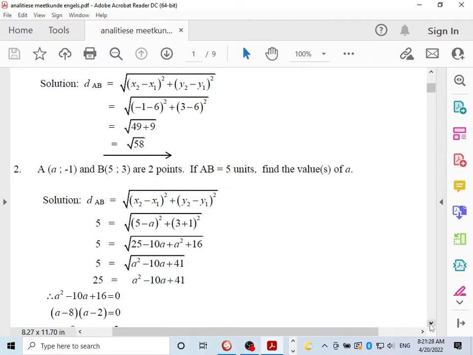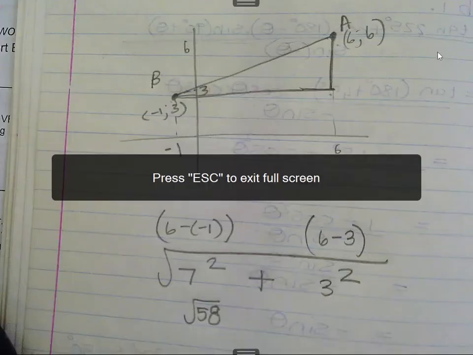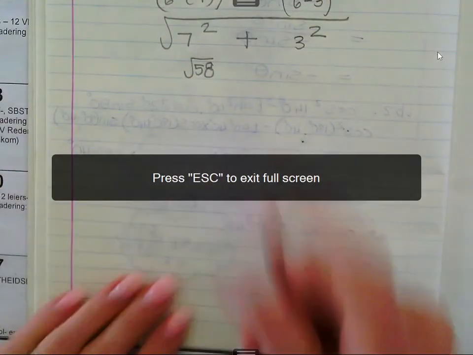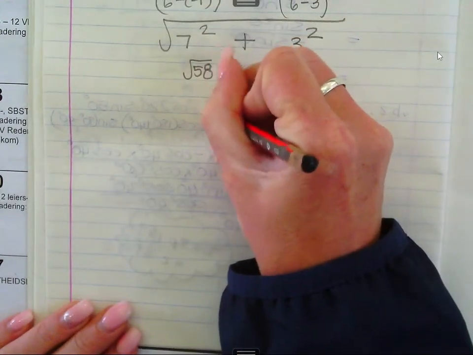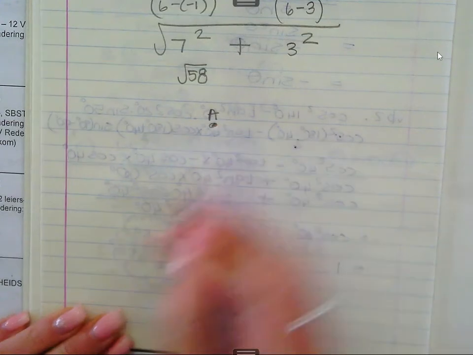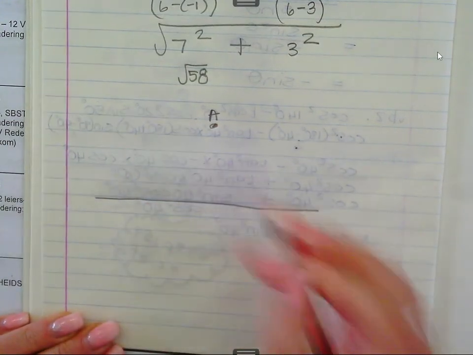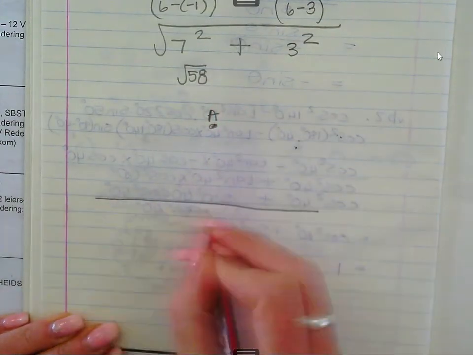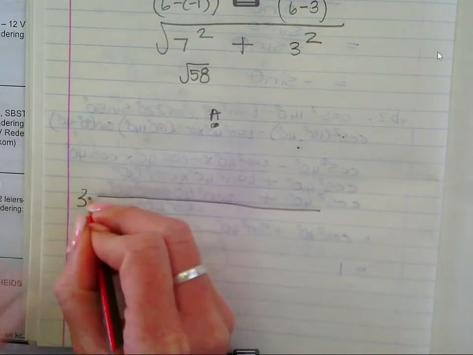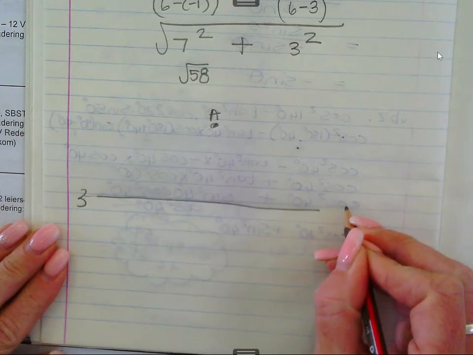Now the reason that you get 2 answers, I quickly want to show you on the board as well. The reason why we get 2 answers is if A is here, and I only know the x value. Let's say this y value is 3. Then it's going to be 3 everywhere. Do you agree with me?